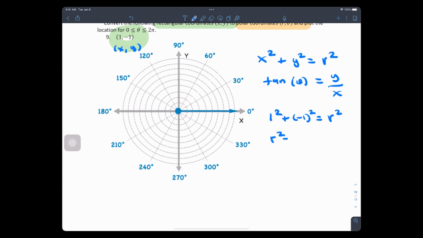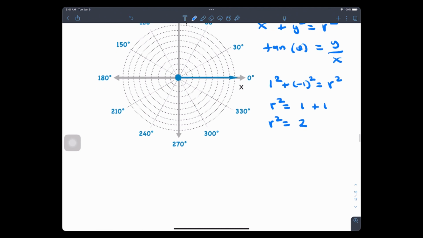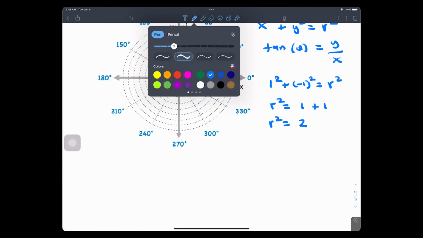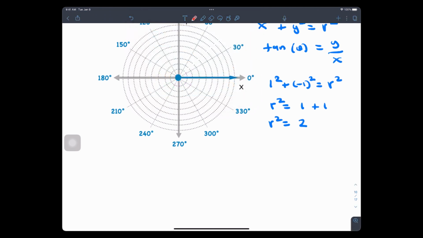Which means r squared is 1 plus 1, or r squared is 2. Do you guys know what the radius is going to be here? If r squared is 2, use the square root formula. So r is going to be plus or minus square root of 2.